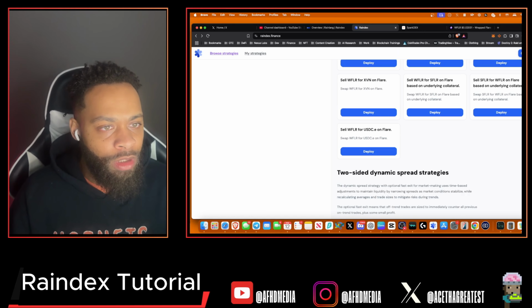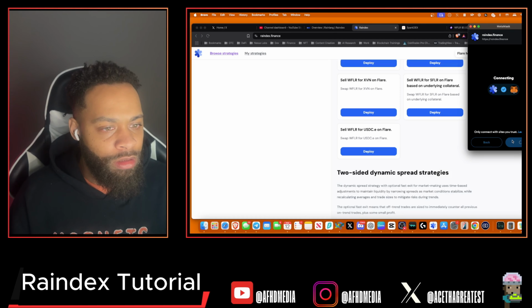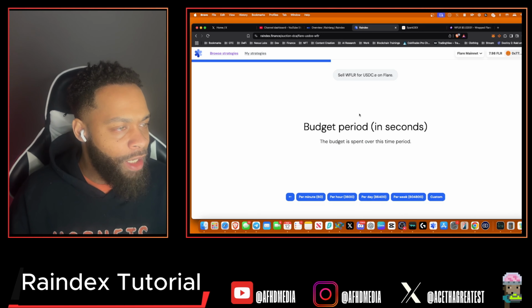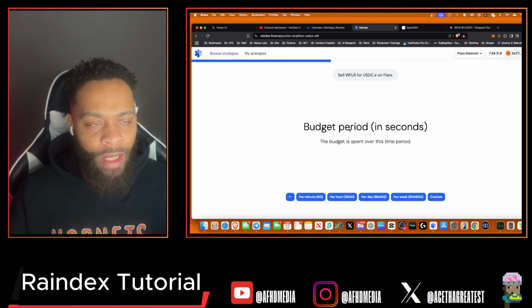First, I need to connect my wallet. I'm using MetaMask. Gonna connect. All right, so I'm connected here. Then I'm gonna hit deploy. Now, this is where you start setting up the strategy for your specific needs. So, budget period in seconds. Basically, you're setting the budget, the time frame, how often, how long do you want to sell a certain amount of tokens.